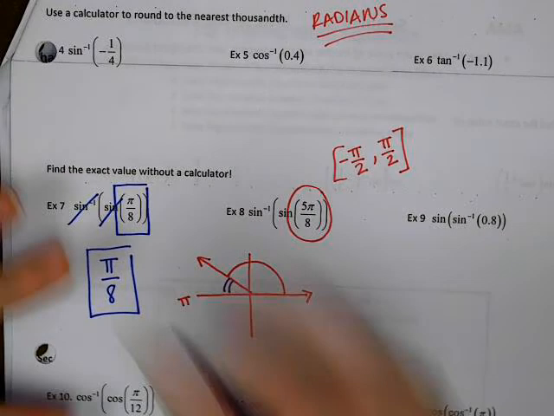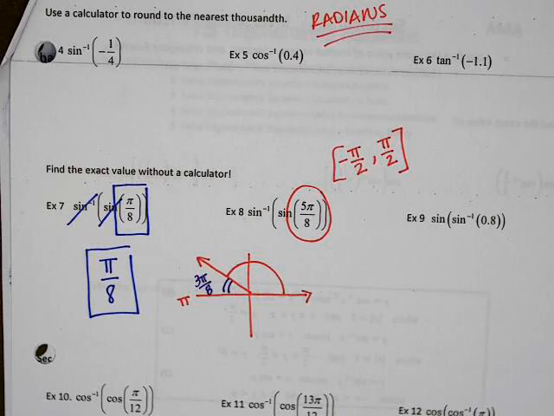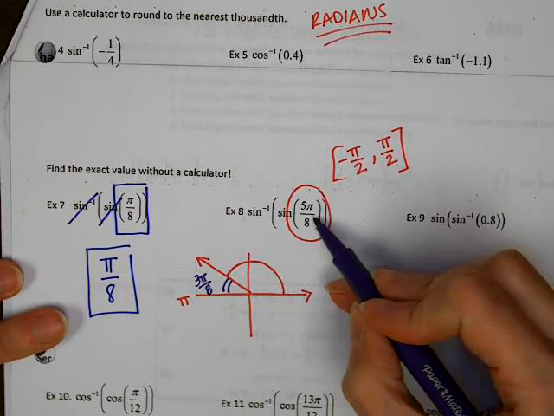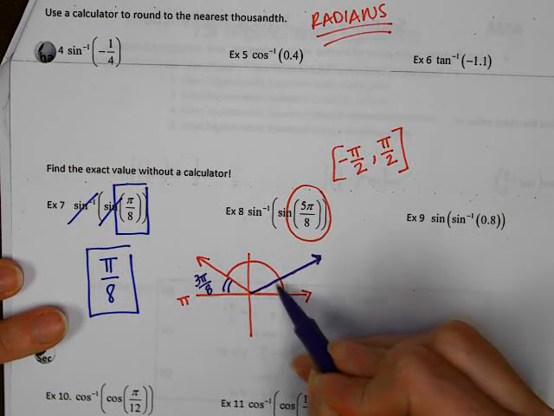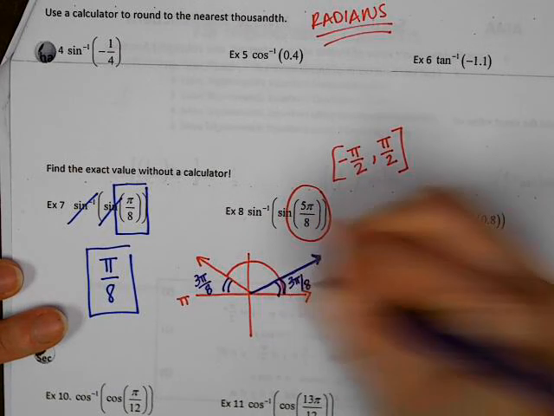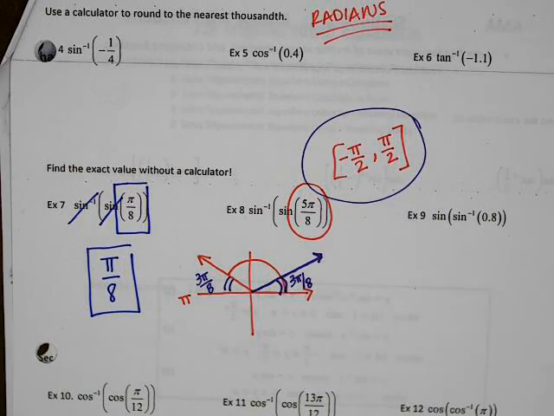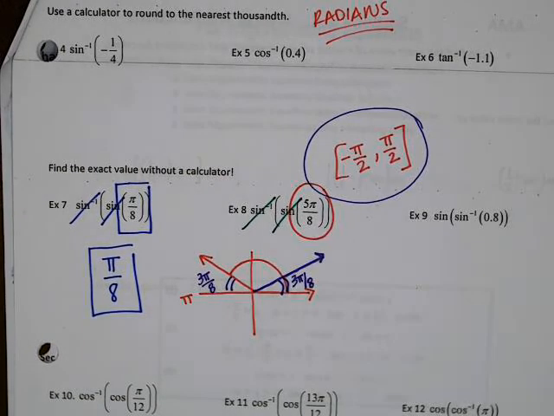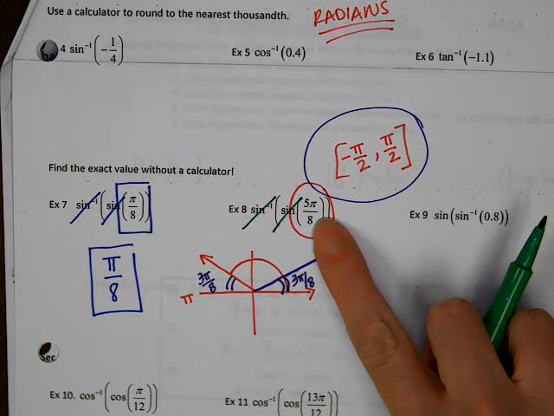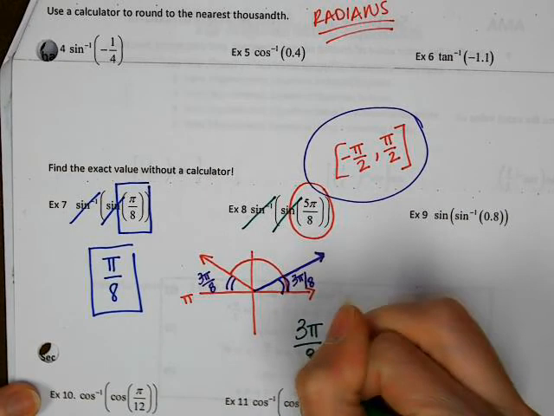The reference angle would be 3 pi over 8. So that means that 5 pi over 8 would actually produce the same sine ratio as 3 pi over 8, which is within our range. Okay, so actually on this one, inverse sine and sine cancel, but since this is out of the range, we converted it, and the answer is 3 pi over 8.